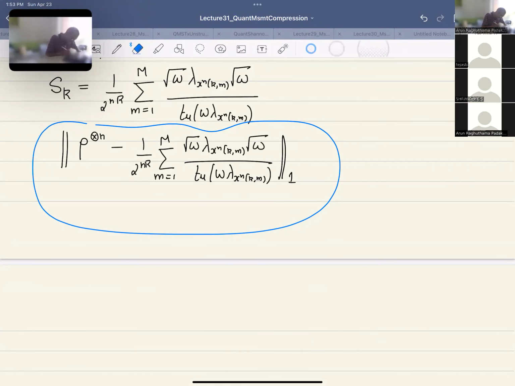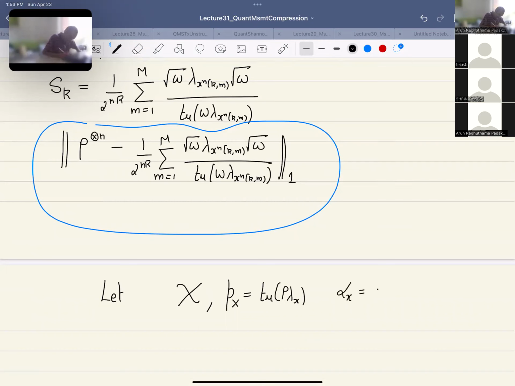Consider a set X. Consider a distribution Px as trace rho lambda x. That's my distribution. What is my state alpha x? Alpha x is root rho lambda x root rho divided by trace rho lambda x.